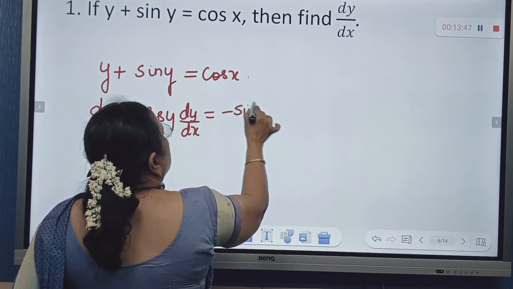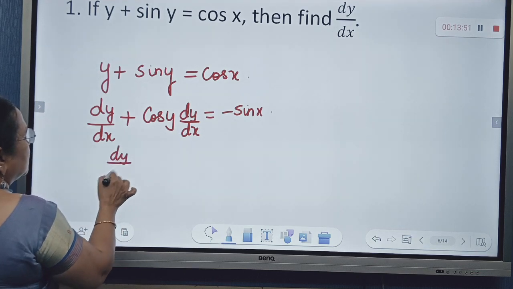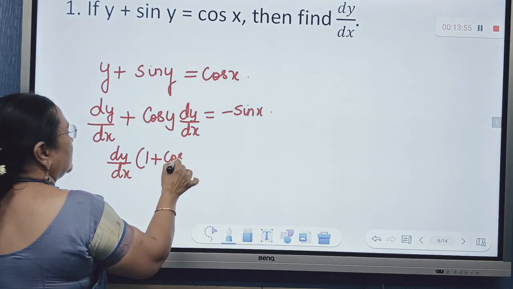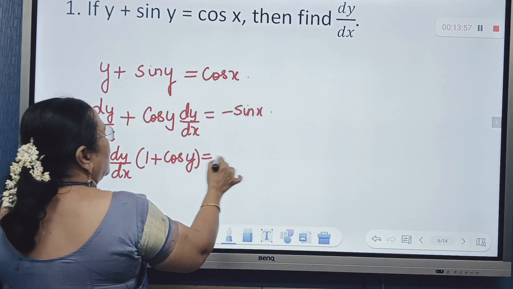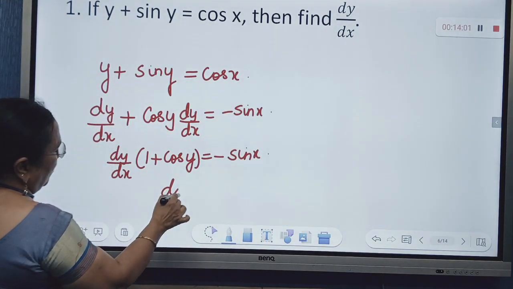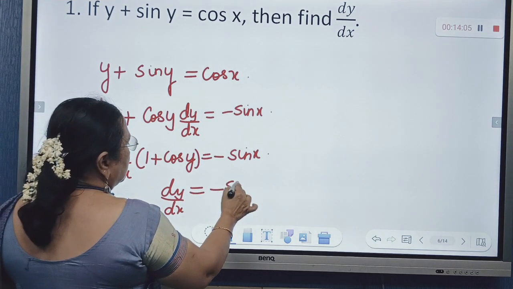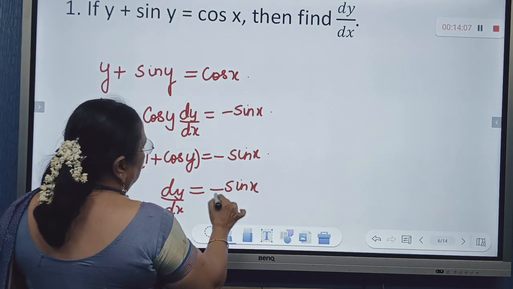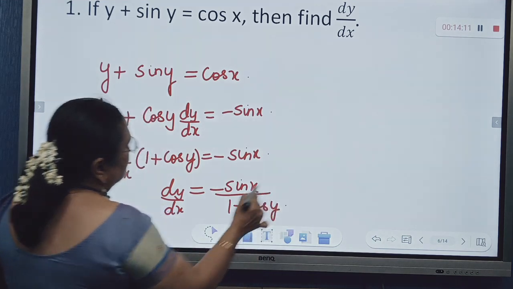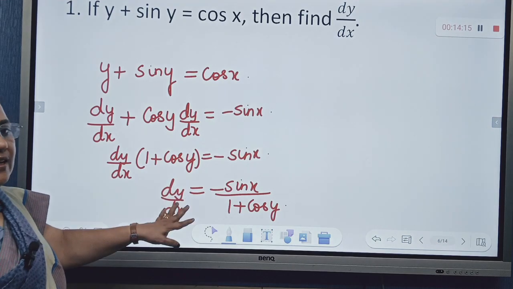Minus sin x. So dy by dx into 1 plus cos y equal to minus sin x, or dy by dx equal to minus sin x by 1 plus cos y. Are you able to follow? Is it clear?